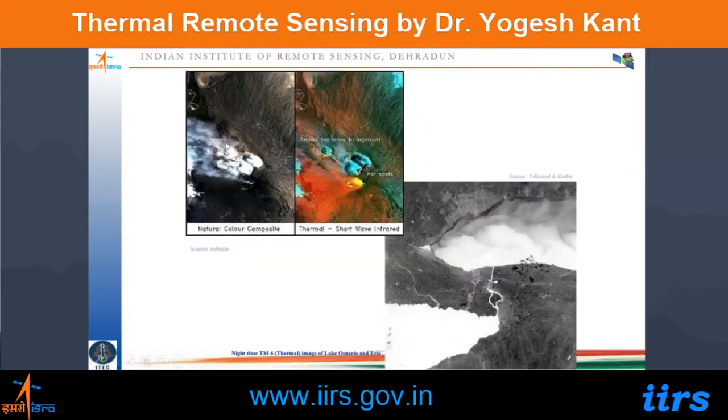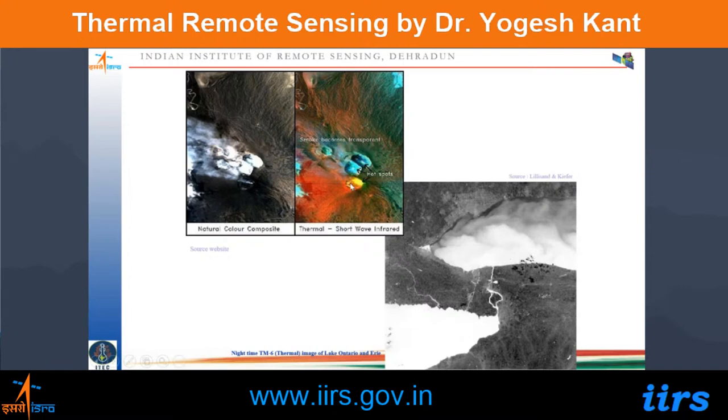This is the volcano feature. This is the visible, the green-blue infrared, and this is the thermal infrared, or short wave. Normal features we can identify in 8 to 14 microns, but as the temperature increases, the maximum emission happens at the shorter wavelength.